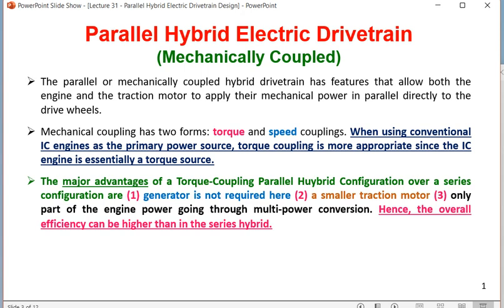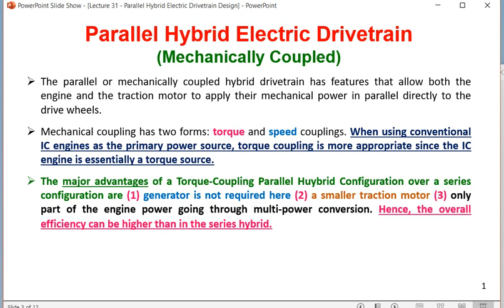Number two, parallel hybrid requires a smaller traction motor compared to series hybrid. That means the size and weight of the motor are reduced, so a smaller motor will be able to deliver the required power to the final drive elements. So a smaller motor and no generator both save space and weight of the vehicle.